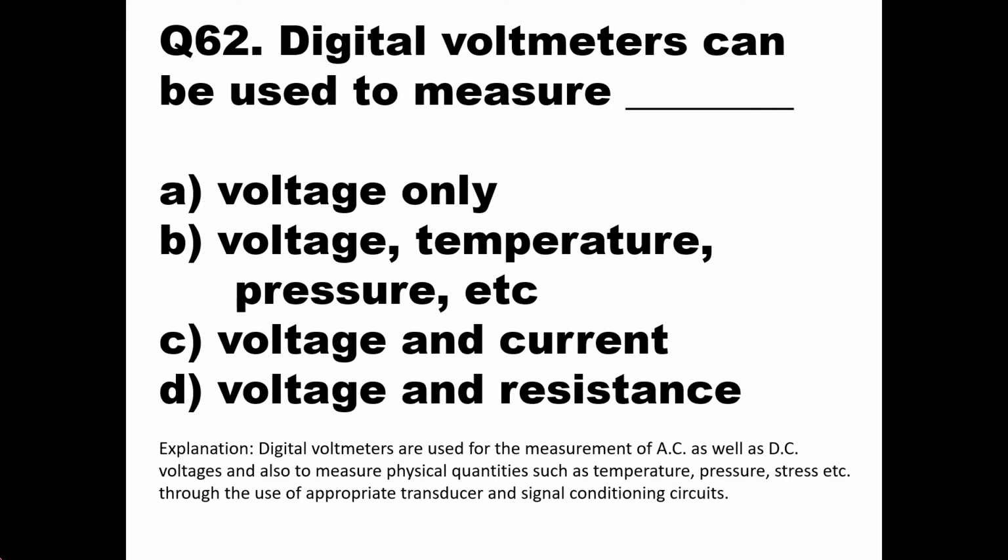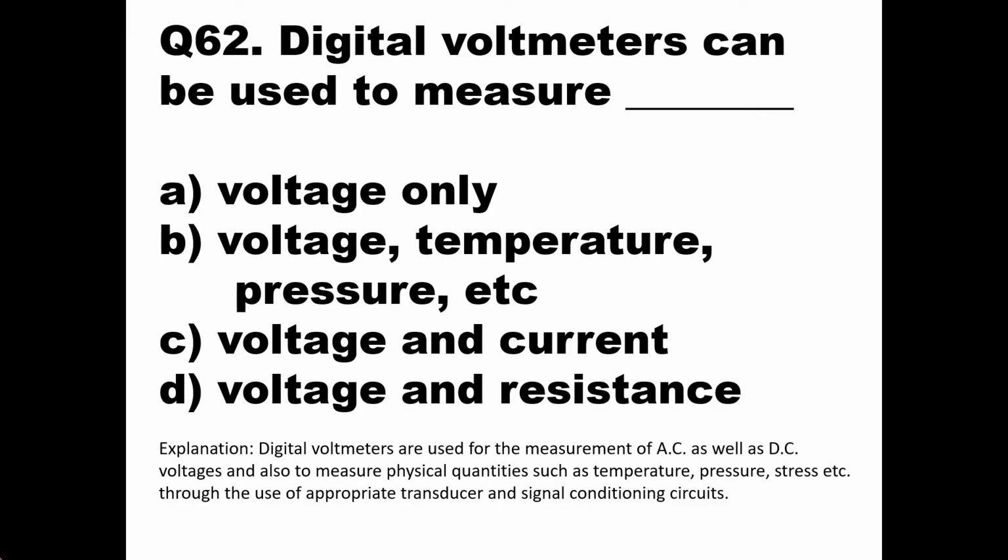Digital voltmeters can be used to measure: voltage only, or voltage, temperature, pressure, etc., voltage and current, voltage and resistance. Basically, a digital voltmeter shows you voltage, but it can measure voltage, temperature, and pressure also, because temperature can be converted into an analog electrical signal, then the analog electrical signal can be converted to a digital signal, and then you can see it in terms of voltage.